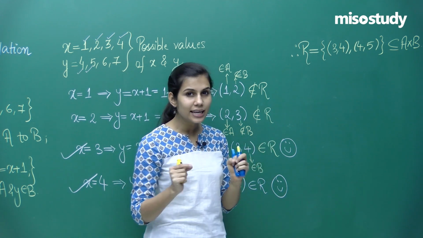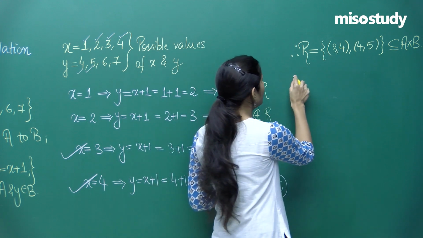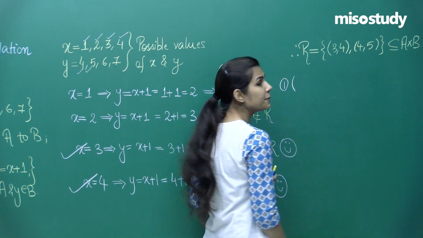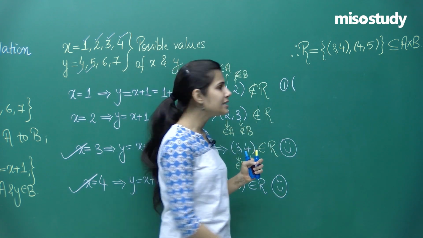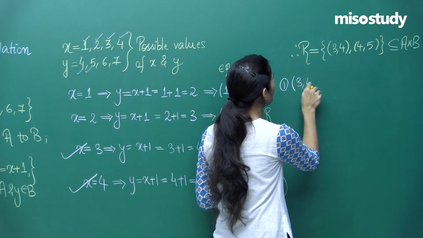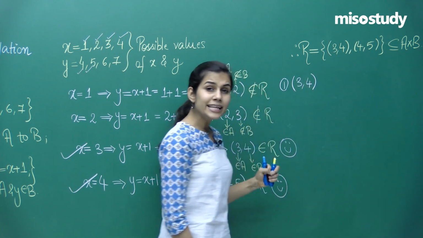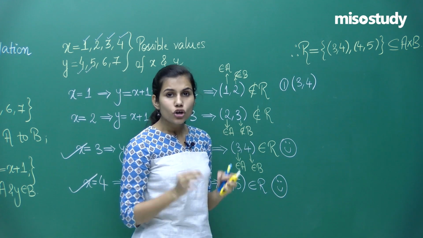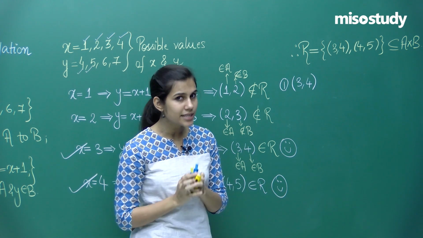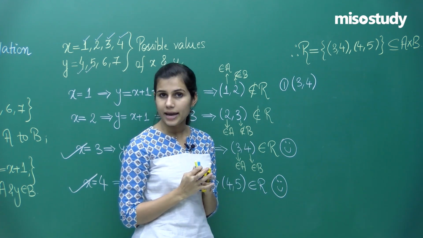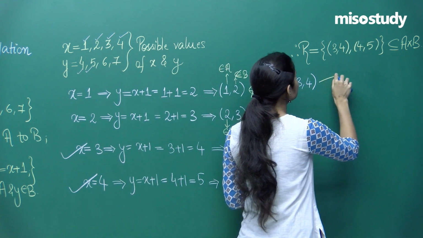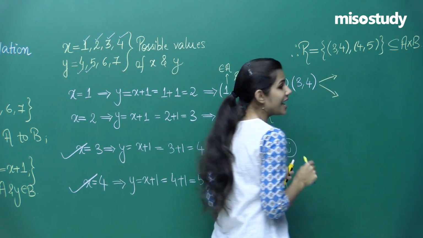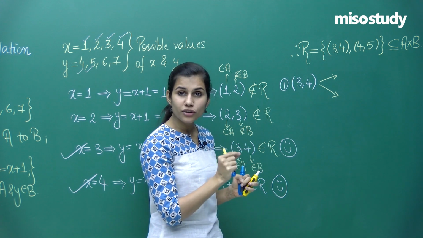Let me write in an elaborative way. The first ordered pair sitting as the member inside R is (3, 4). Let's study this ordered pair corresponding to the first and the second component of this ordered pair. Now, this is an element of R, which is the relation.